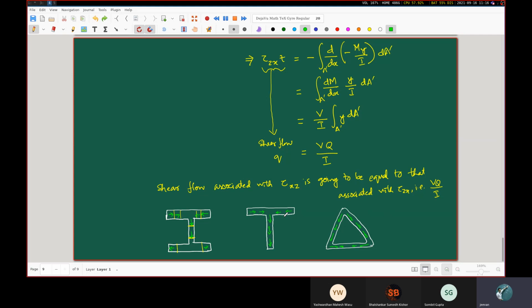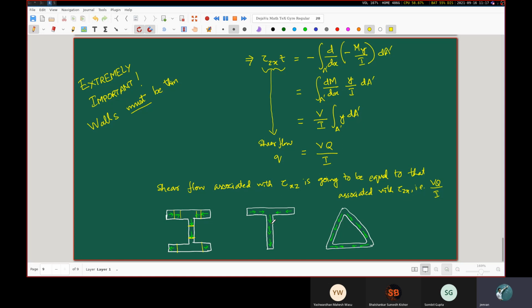Similarly, when you go here, the concept is the same, that the shear flow is contributed by that component of the shear stress which is parallel to the edge direction. In this particular portion, it happens to be the tau xy component of the shear stress. Here, you may still have a non-zero value of the shear stress associated with tau xz.